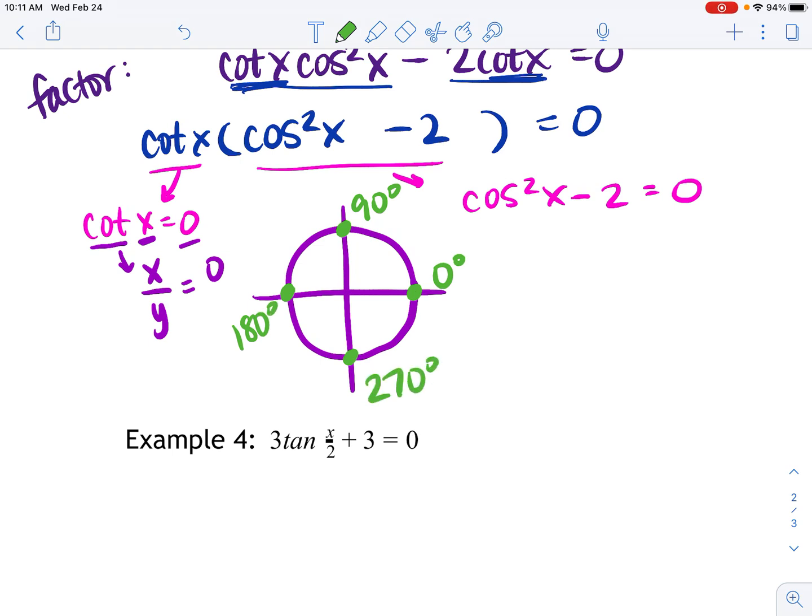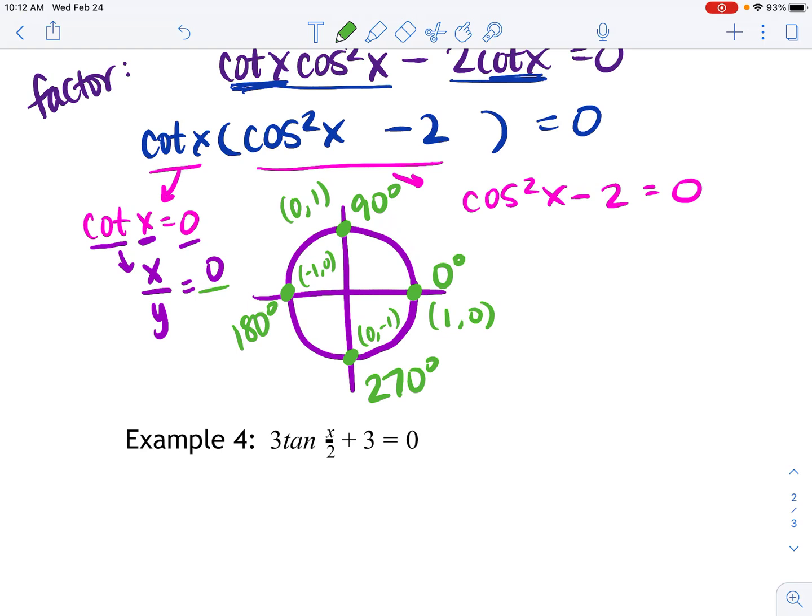At 0 the point is over 1, up 0. 90 degrees is over 0, up 1. 180 is back 1, up 0. And this one is over 0, down 1. Those ordered pairs are probably what I need because I'm looking at 0. I won't need a point like 45 degrees because neither of the terms is 0.